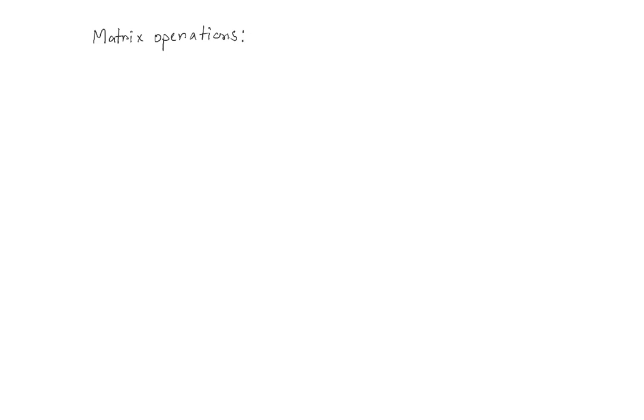So there are some matrix operations that are defined. Now, from your experience with arithmetic or algebra, you know there are 4 types of operations that you can perform on the number system, the numbers that you have. One is addition, right?